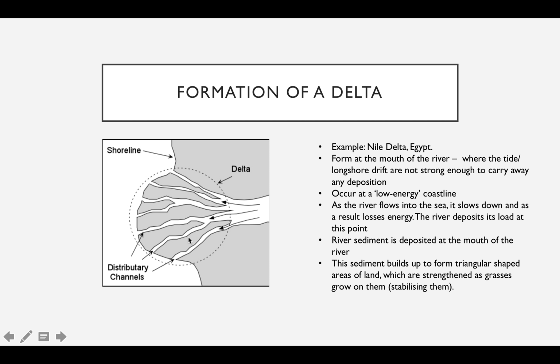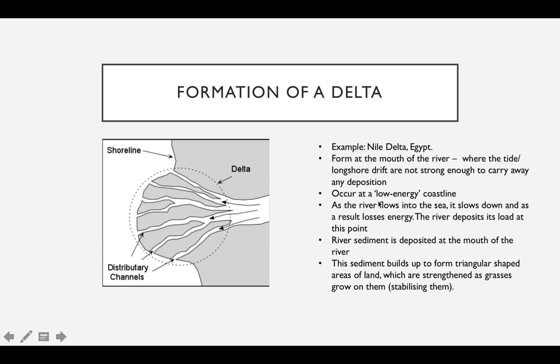And it also builds up where the longshore drift, or the swash and the backwash of the waves coming in against the coast, don't drag the material out to sea. That's not occurring there, and the tide isn't dragging this material away.